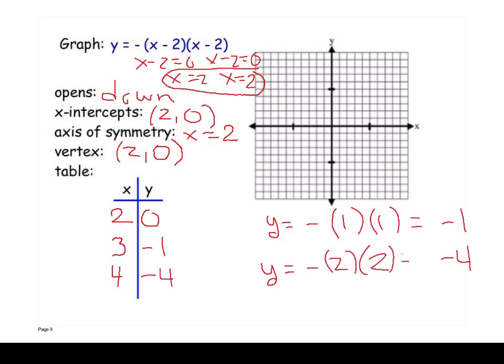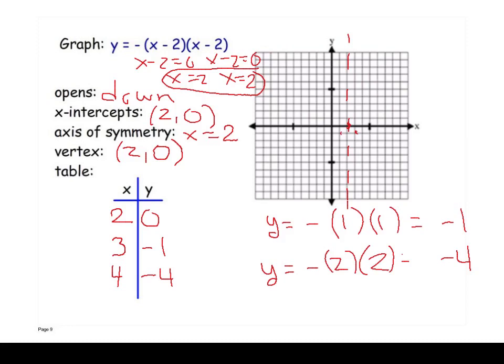For me, that's enough, since my axis of symmetry is equal to 2, and I have chosen 2 points to the right of my axis. I am able to then use those 2 points and just reflect them across the graph. So when I have (3, -1), I have it here, and I can reflect that 1 to the left, and that's located here at (1, -1).